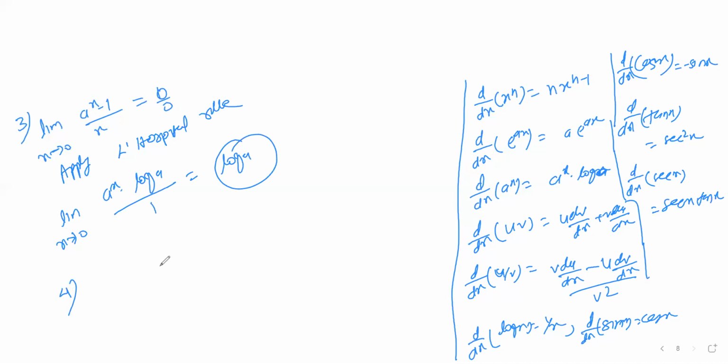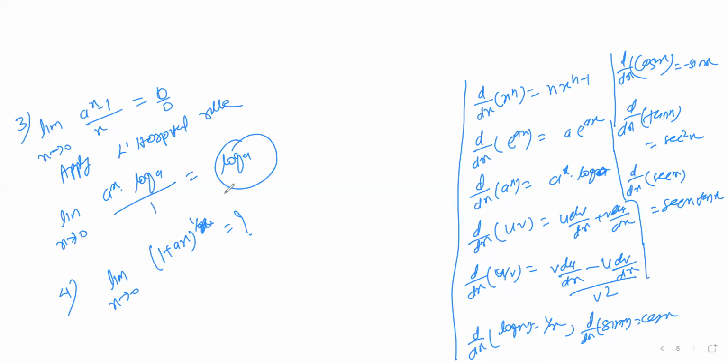Similarly, the fourth one is given as limit x tends to 0, (1 plus ax) to power 1 by x. So what will be the limit of this? Put the limit x tends to 0 and check what type of form it is.